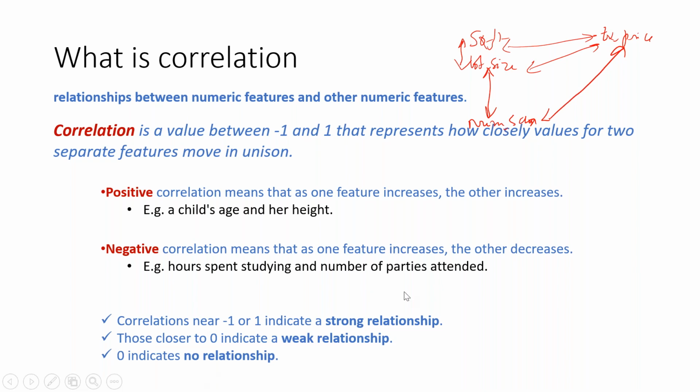And if it is 0, then it indicates no relationship. That is what we have to understand between our numeric features. Especially we'll be more interested in our other features with our target variable, because that is the most concern. But generally we can also look at the remaining numeric features with every other numeric feature.